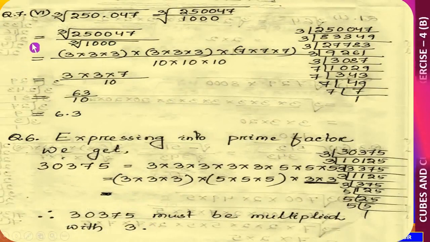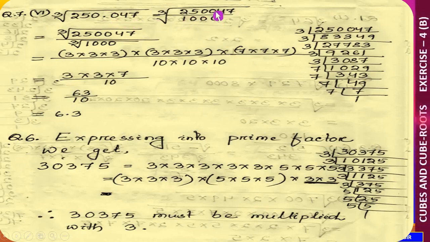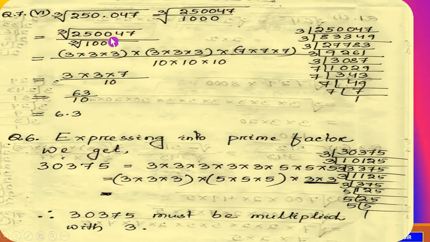Next come to question number 7, part 6. The decimal value is taken: 250.047 can be written as cube root of 250047 divided by 1000. 3 zeros are here. Whole cube root means cube root of the numerator and cube root of 1000 also. 250047 is factorized here now.